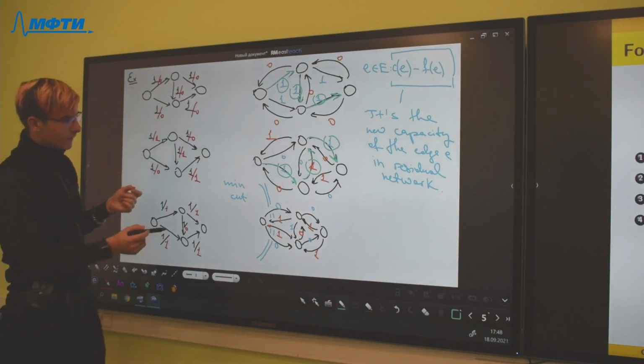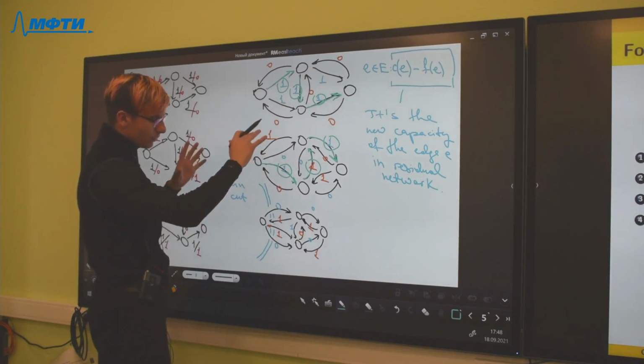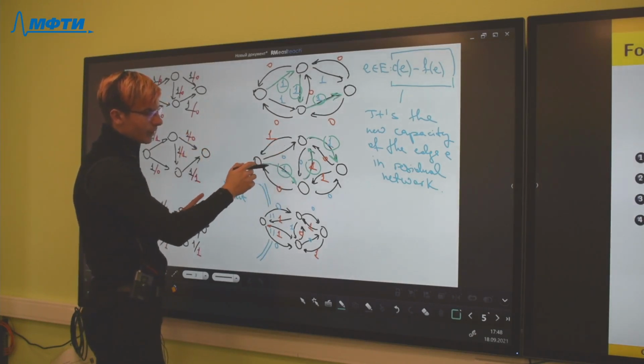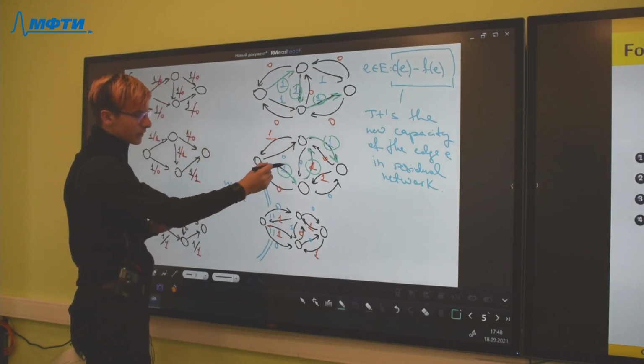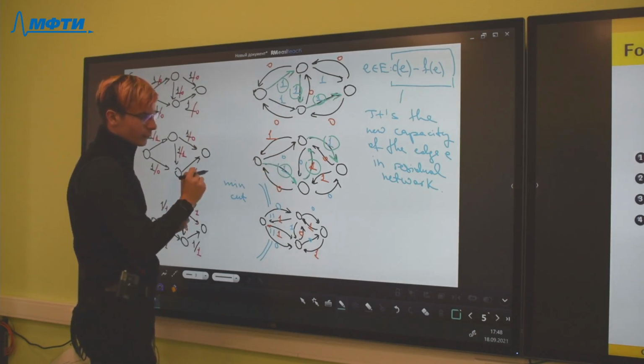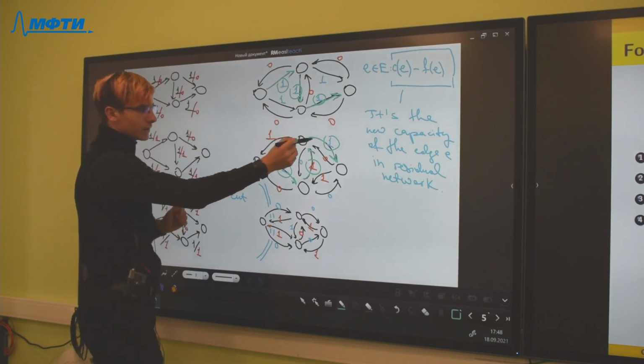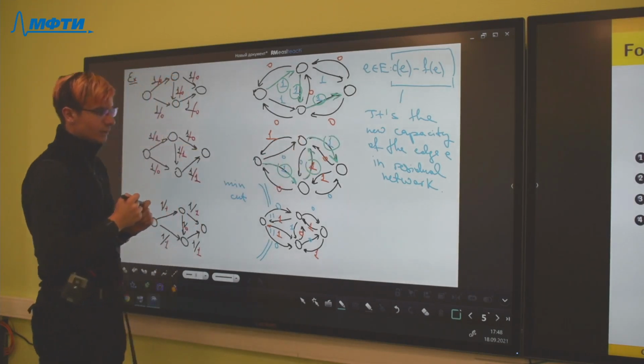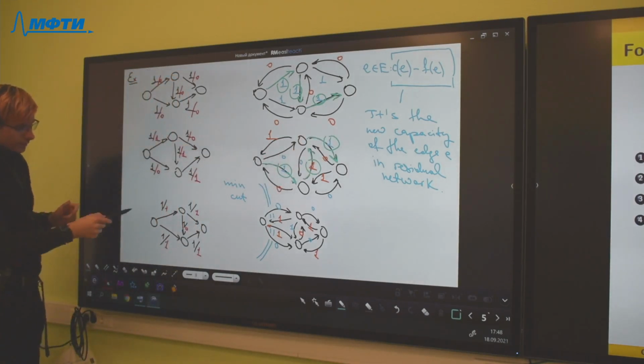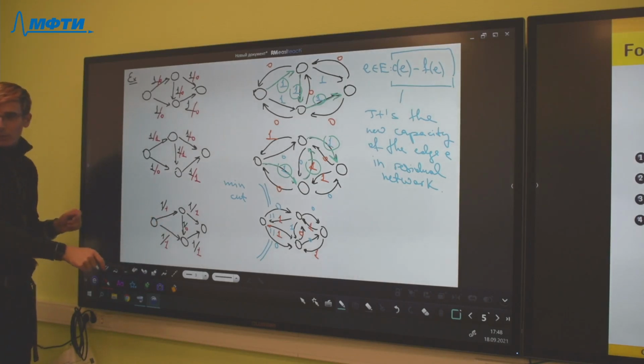And we see that we can increase the whole flow by 1, but we need to increase flow through this edge by 1, decrease flow through this edge by 1, and increase flow through this edge by 1 too. So we get this picture.